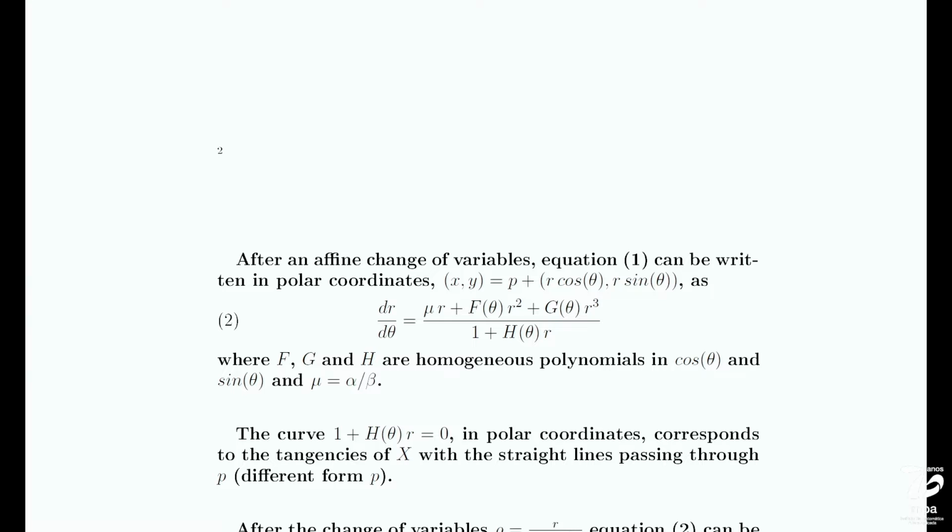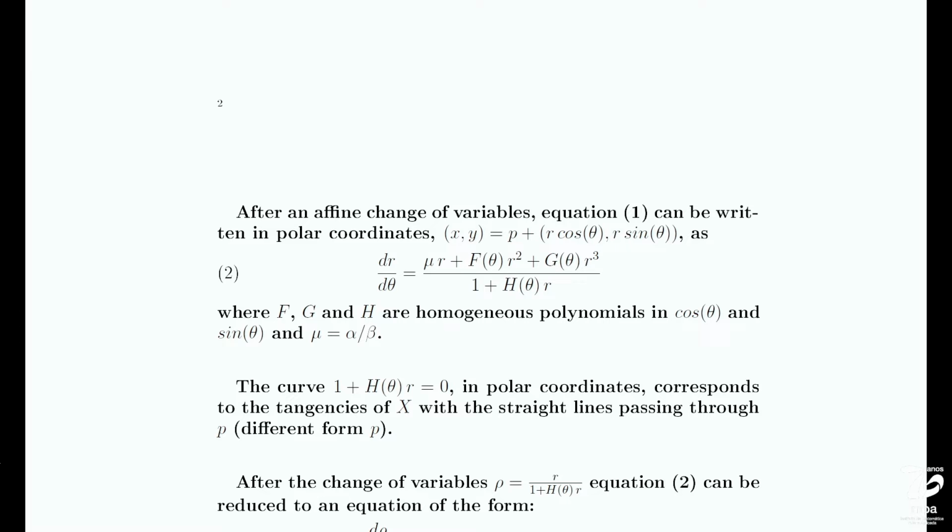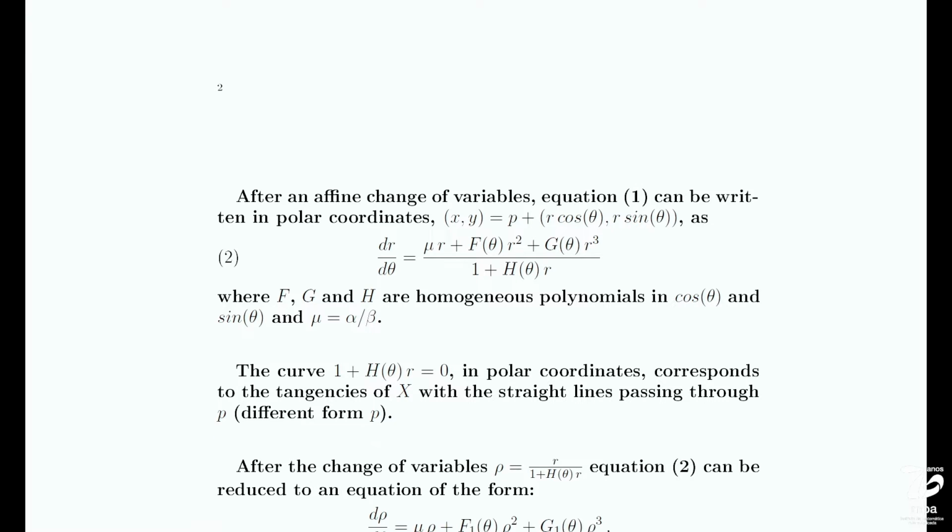After an affine change of variables, you take polar coordinates, and then the equation can be written in this way. And the denominator is exactly the equation of the lines I'm considering, to express in polar coordinates, which are the lines passing through the singularity.